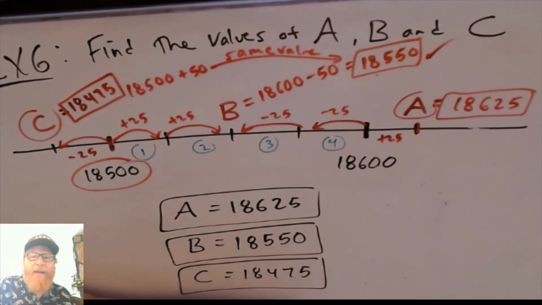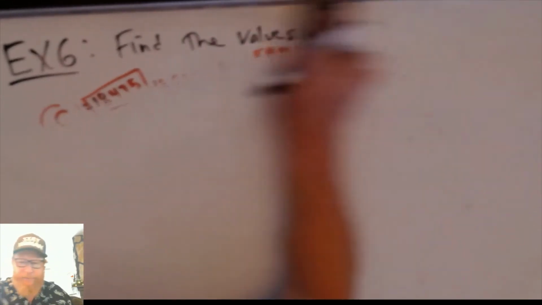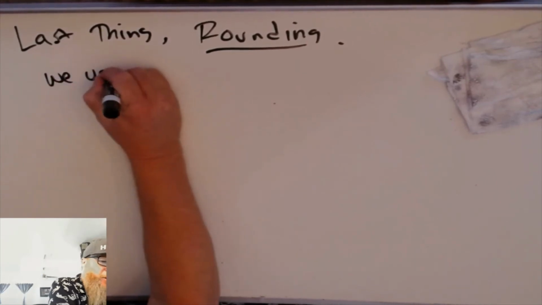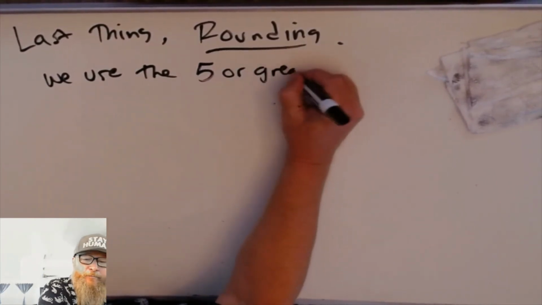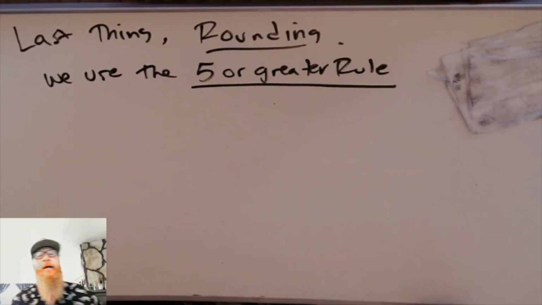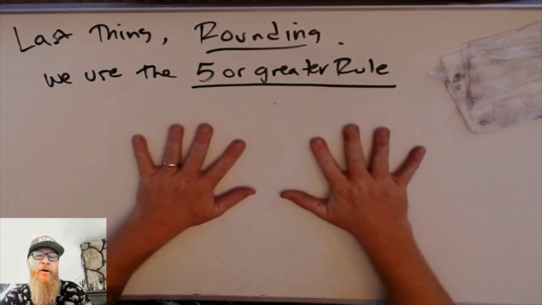All right. Next, we're going to talk about rounding. Often round to a nearest place. We use what's called the 5 or greater rule. Okay, the 5 or greater rule. It really is just a matter of our humanity.